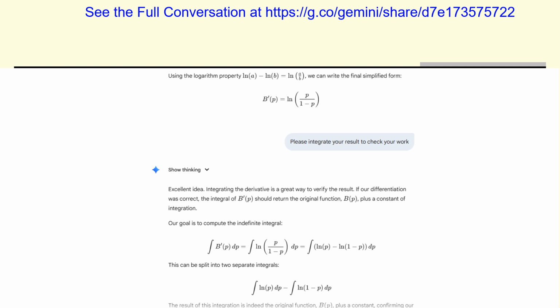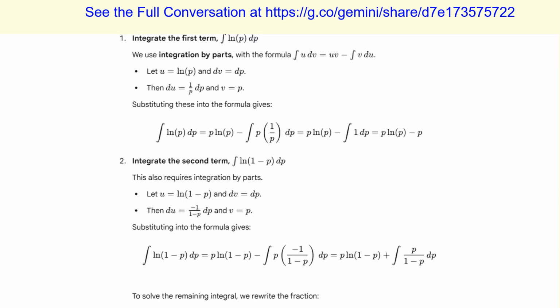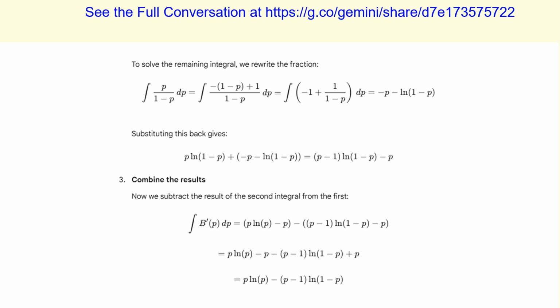It actually knows that we're going to be checking our work when we do math, because that is a best practice. So it integrates, then the second term, combines all that, and notice we end up with this, and we substitute that back in, and we end up with that thing. And then when we combine the two, we get the right result.